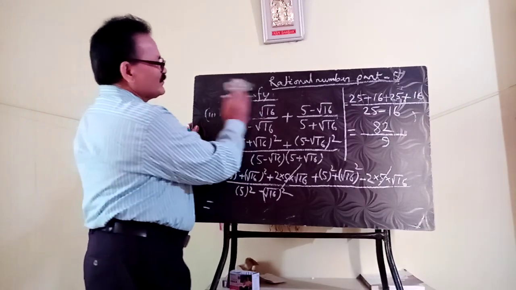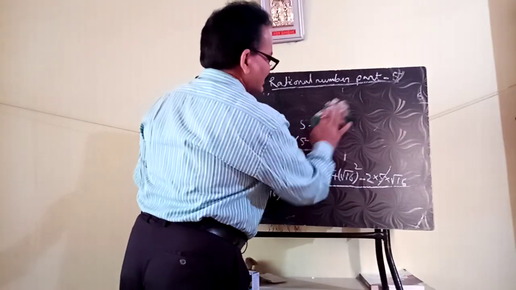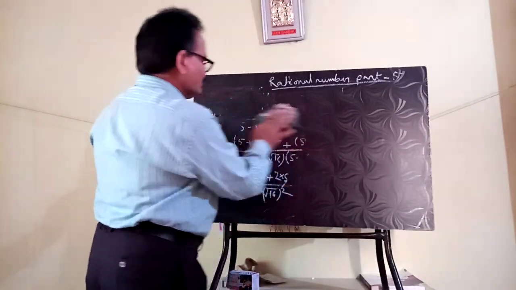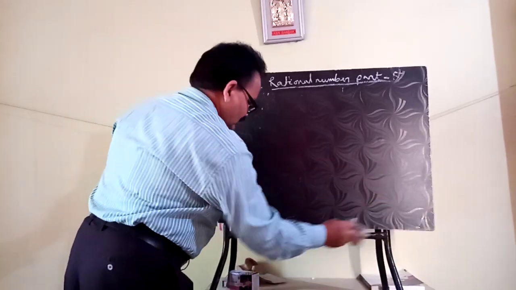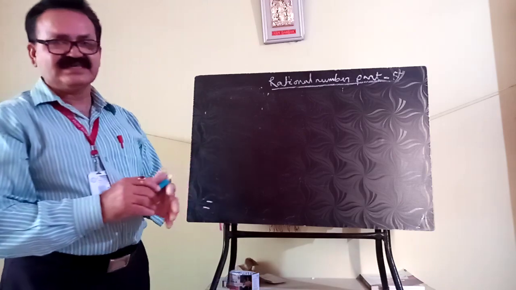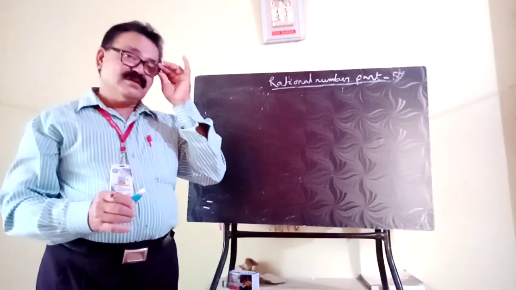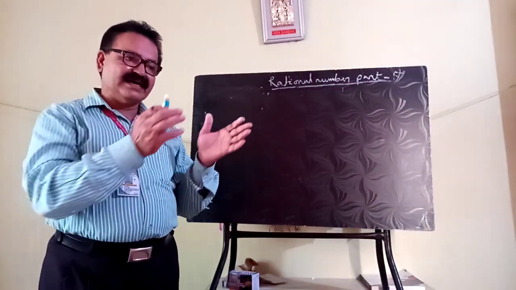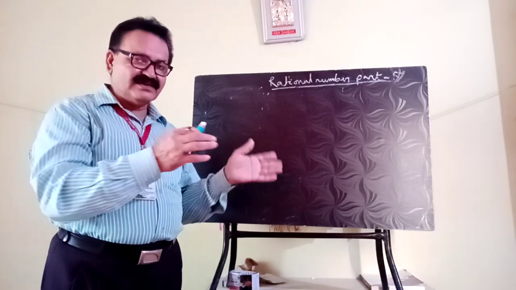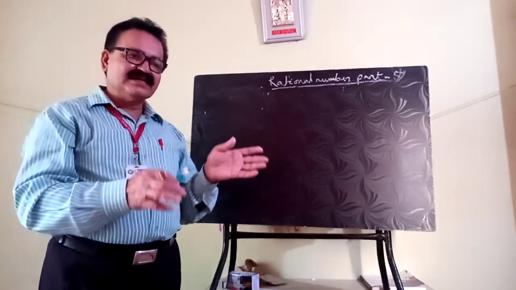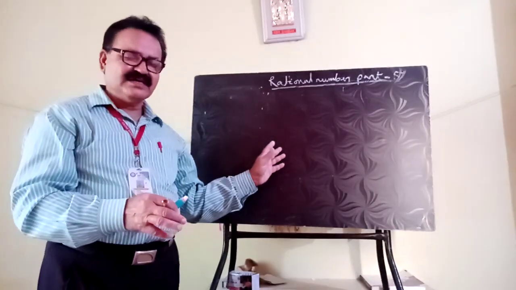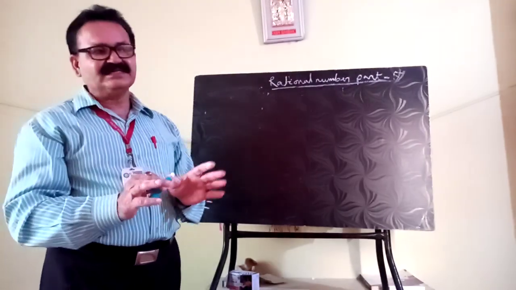Got it? In this chapter, whenever any question is asked to verify, while verification, you have to write the LHS first and put the value of the variables that is given, and then solve it after using all mathematical operations.